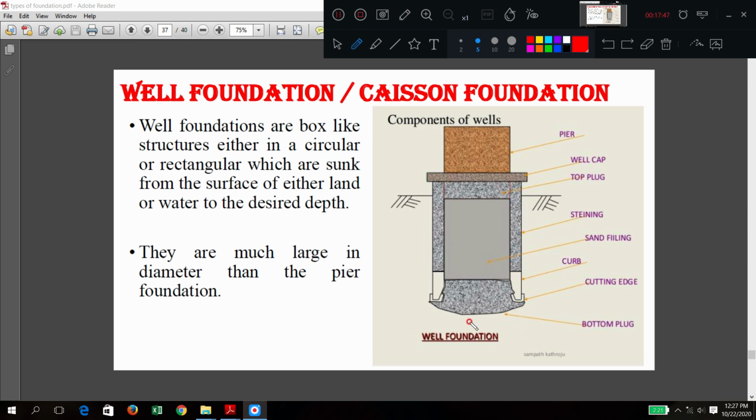First the bottom plug is there, the cutting edge and vertical elements which are called the staining body. Curb stones are also there. Sand is filled, the top plug is made, the well cap is provided, piers are constructed.